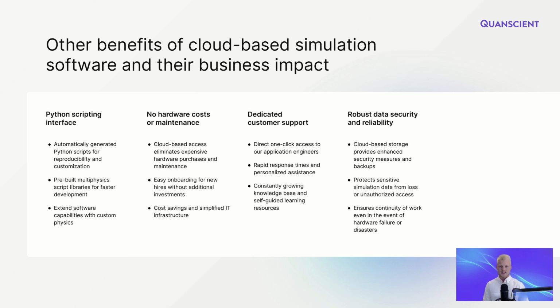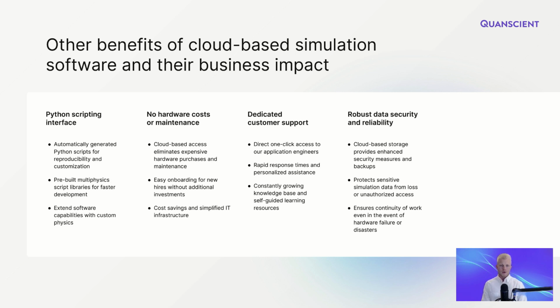Also, with the data stored securely in their servers, encrypted in transit and at rest, they are secure from any unexpected data loss, hardware failures, or even disasters that might occur at on-premise servers, let alone some individual workstations. Regarding the security in general, we're SOC 2 certified and working towards ISO 27001, which is why our public customers such as Infineon Technologies and the United Kingdom Atomic Energy Authority trust us with their simulations.